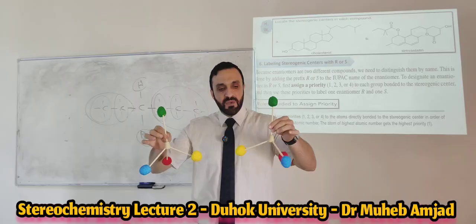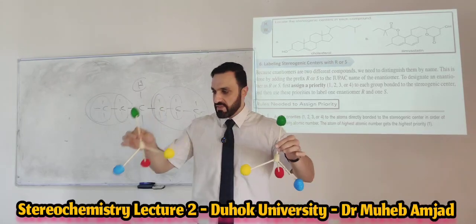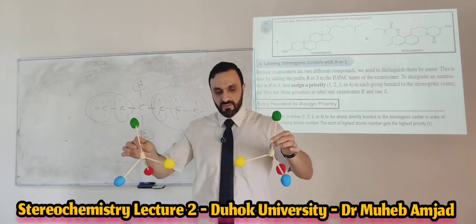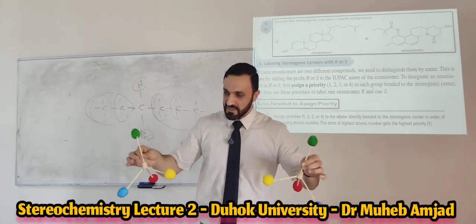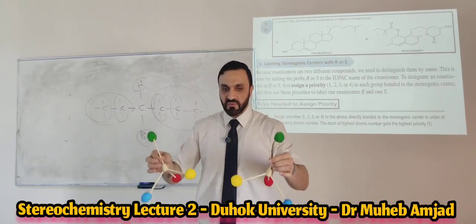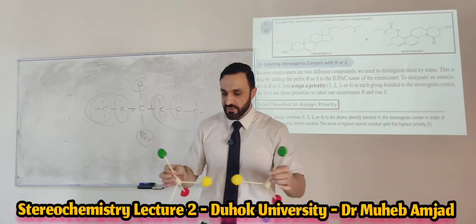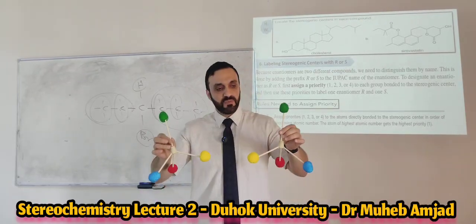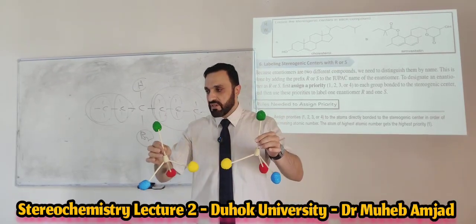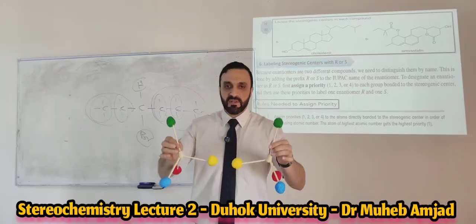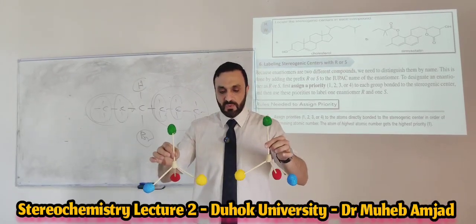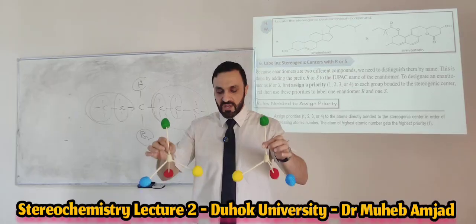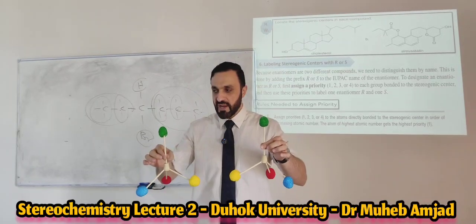Okay, how can we distinguish between this and this? What do I say to you, the right enantiomer, the left enantiomer? No, it is not useful. When you are writing, or when you read books, or when you write research or explain to your friends, we have to distinguish between these two isomers by letters.